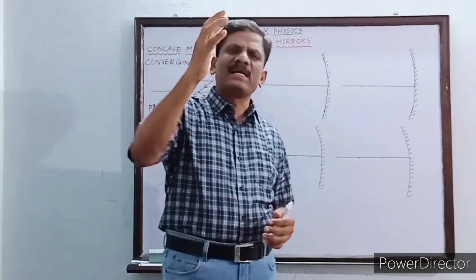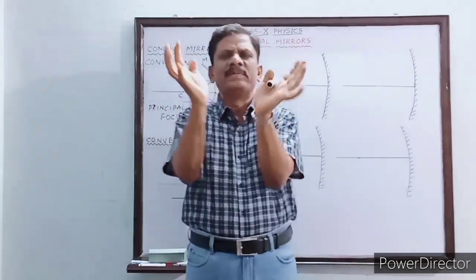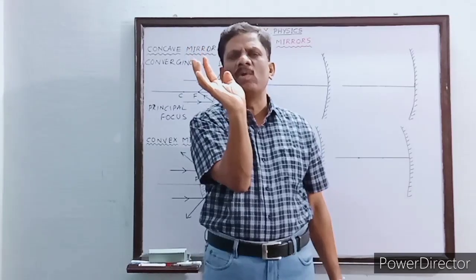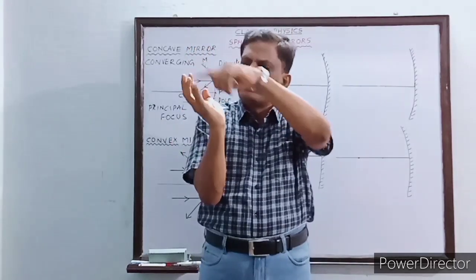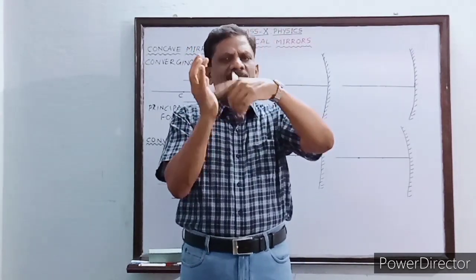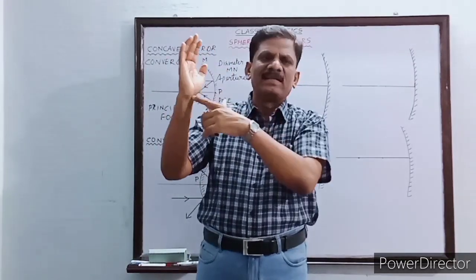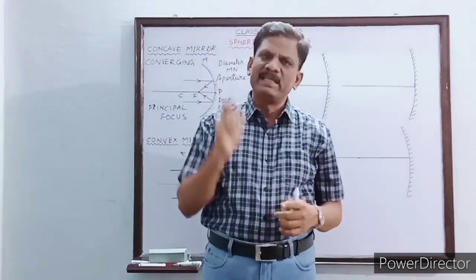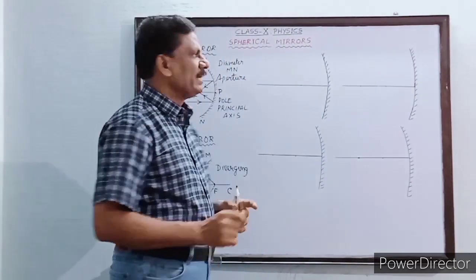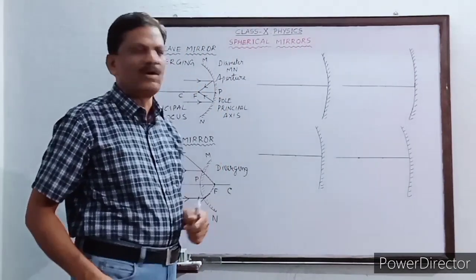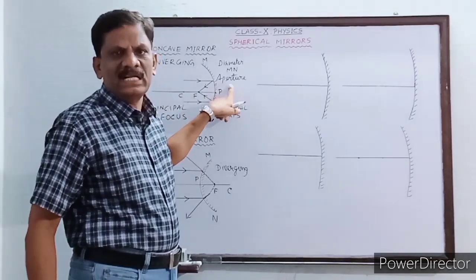Because the mirror is cut from an entire sphere, it is like a bowl. So that bowl is having a circular aperture. So the diameter only is called the aperture of the mirror. The diameter of the reflecting surface only is called by the name aperture of the mirror.